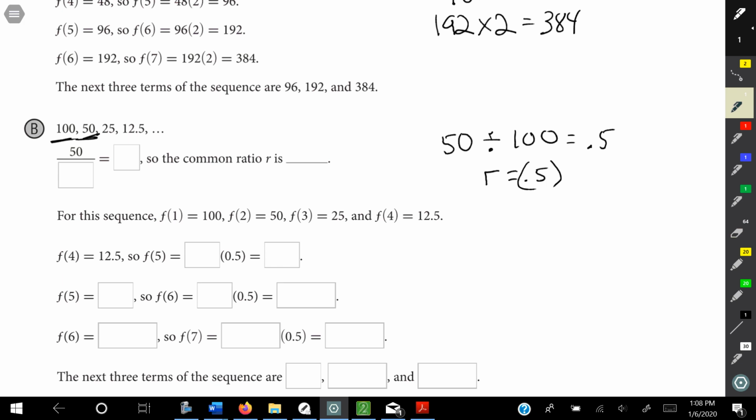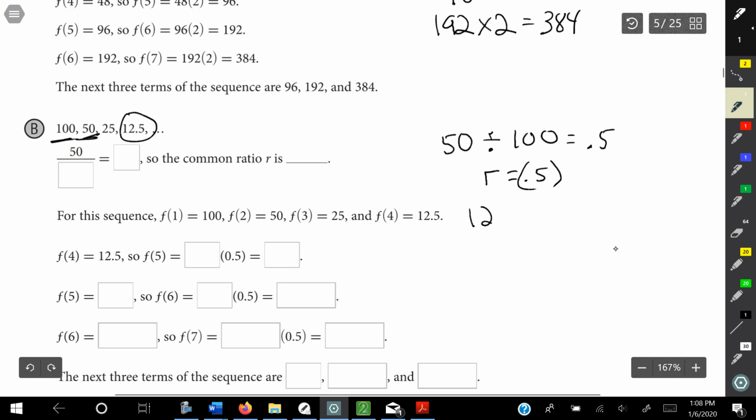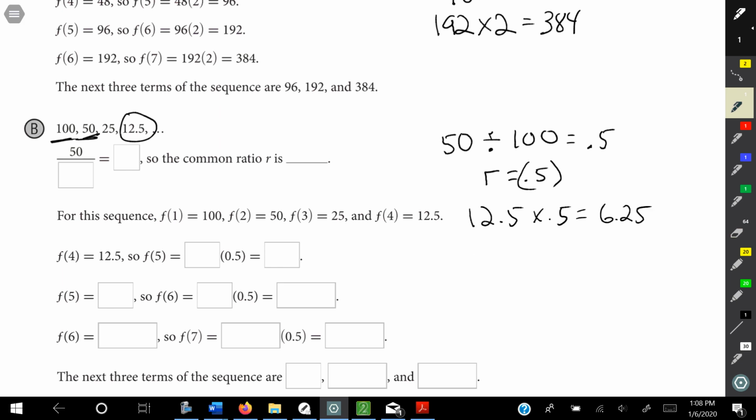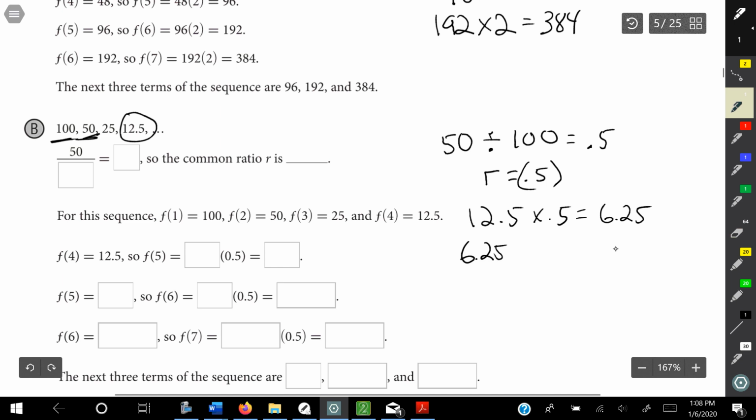So now I'm going to take the last term here, which is 12.5, and multiply it by 0.5. When I do that, I get 6.25. Then I'm going to take the 6.25 and multiply it by 0.5, and that's going to get you 3.125.